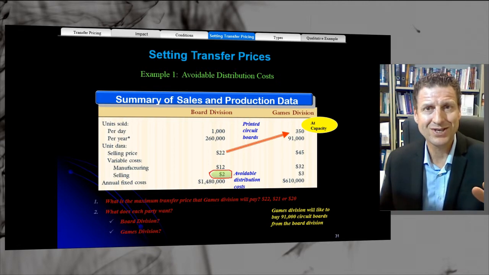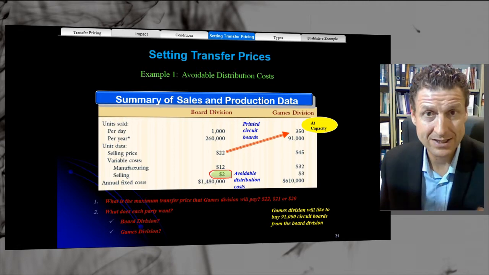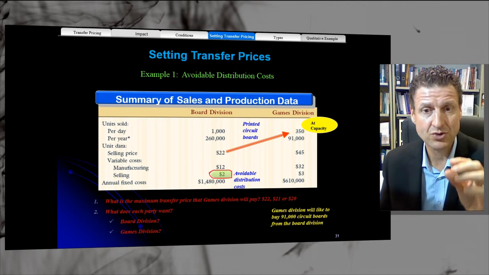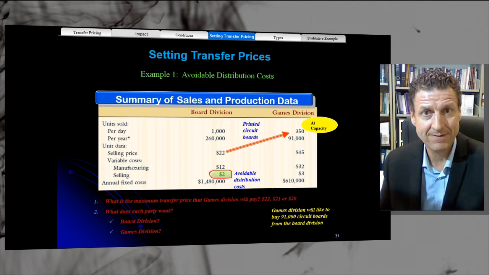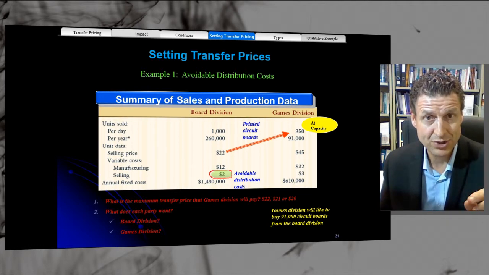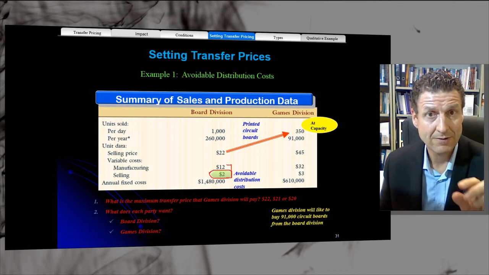If board division doesn't have excess capacity, in other words, if they transfer printed circuit boards internally, they have to give up external sales, then that giving up of contribution margin is going to be $8. How do we work that out? Well, it's $22 less the $14 here. 12 and 2, $14.